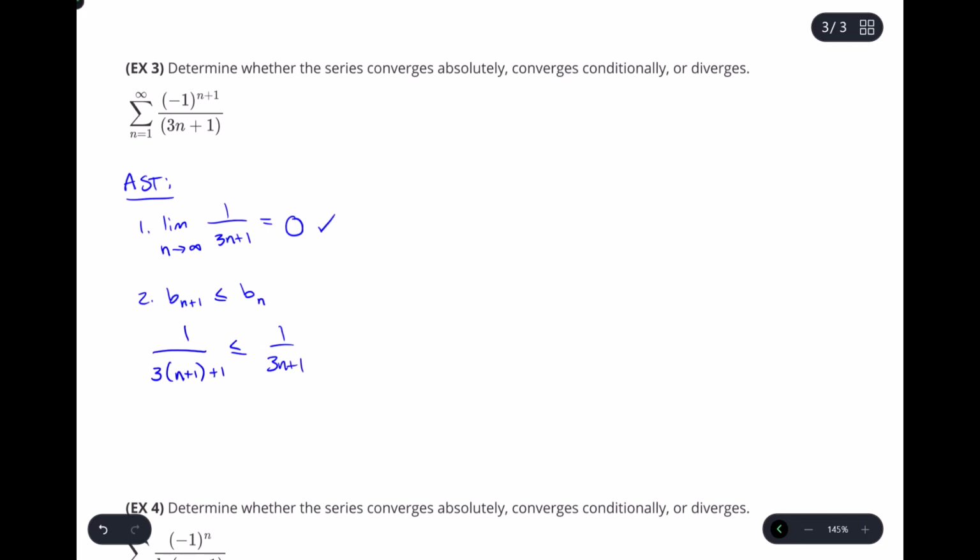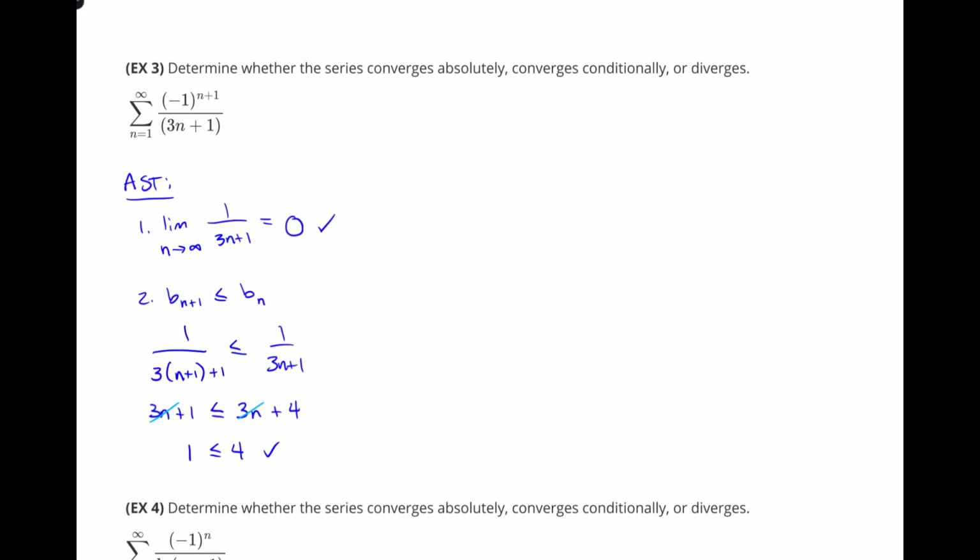All right, if I cross multiply here, then 3n plus 1 should be less than or equal to, I'll go ahead and work this out algebraically, 3n plus 4, because the 3 would distribute, and then 3 plus 1 gives me that 4. And if I subtract 3n from both sides, that cancels out that term, leaving me with just 1 is less than or equal to 4, which is definitely a true statement. So it converges by the alternating series test.